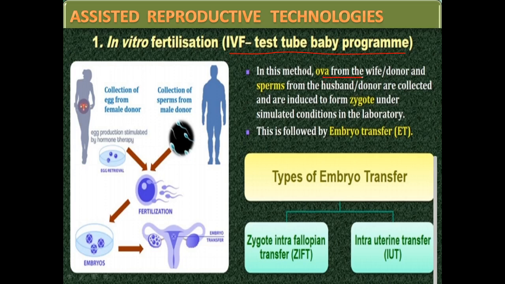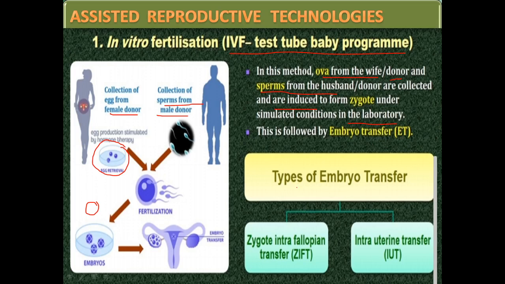The ova from the wife or from a donor and the sperm from the husband or a donor are collected and induced to form a zygote under simulated conditions in the laboratory. This follows with embryo transfer.